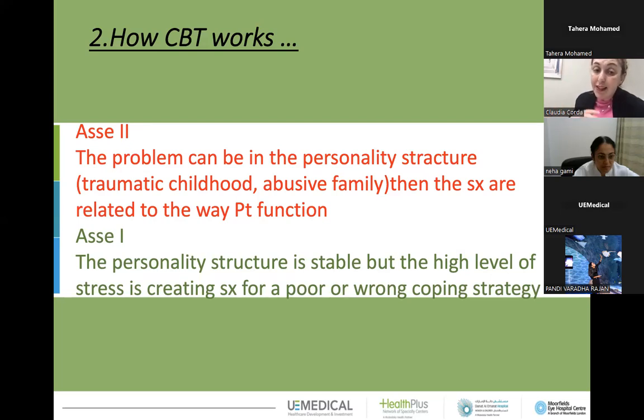This is creating poor or wrong coping strategies, creating a dysfunctional way to analyze the information from outside. So the software is still a healthy software, but it's struggling to process the information from outside.